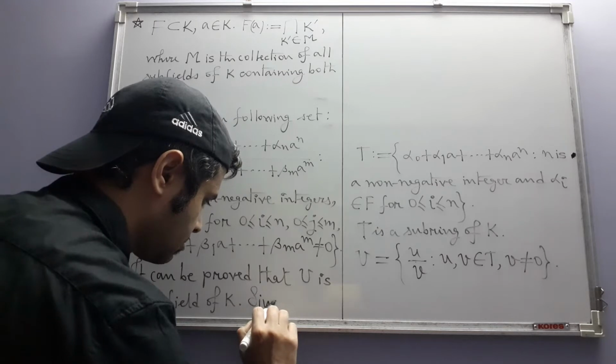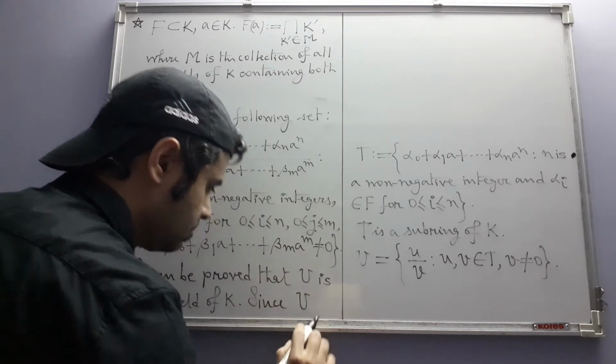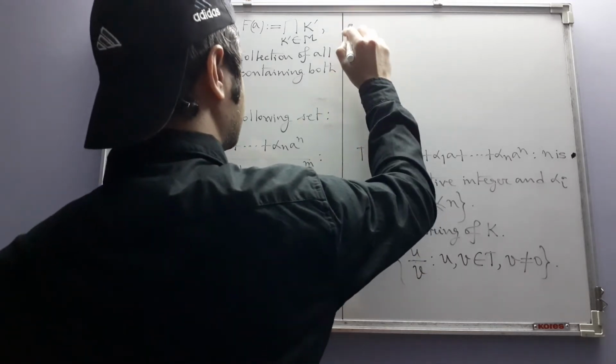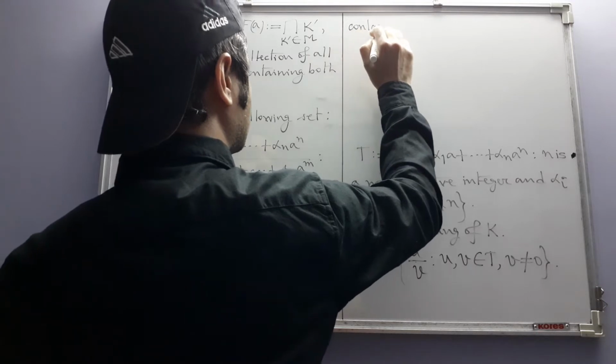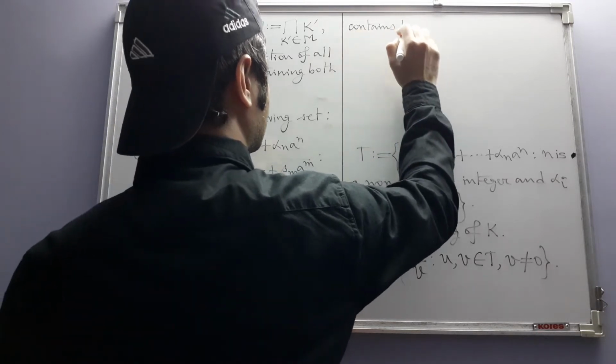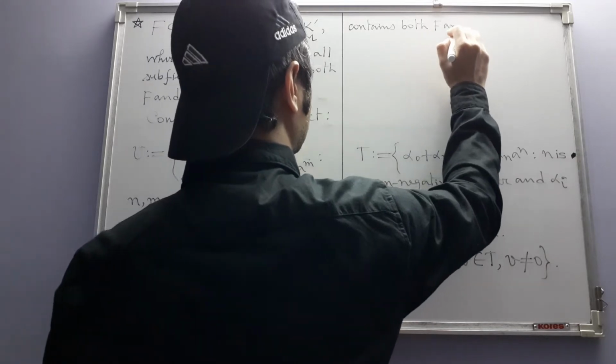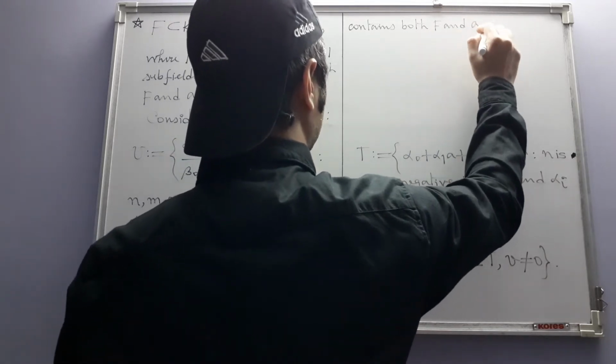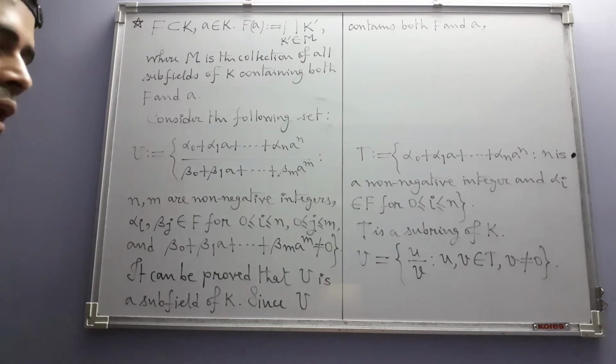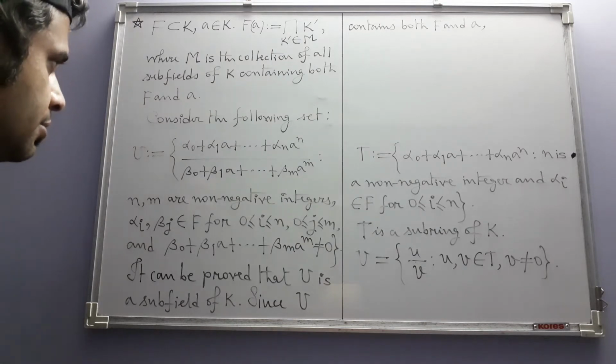Since U contains both F and A. How does U contain F?